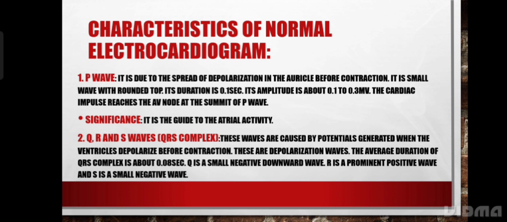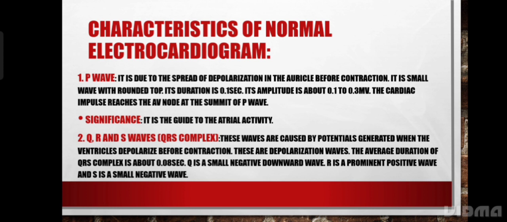Significance: it is the guide to the atrial activity. Second, Q, R and S waves, also known as QRS complex. These waves are caused by potential generated when the ventricle depolarizes before contraction. They are depolarization waves. The average duration of QRS complex is about 0.08 seconds.